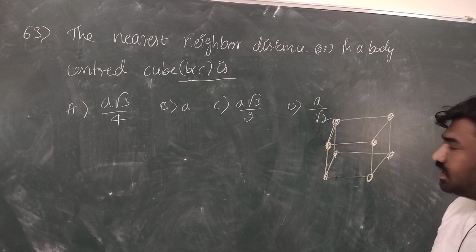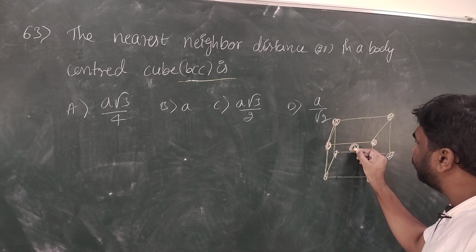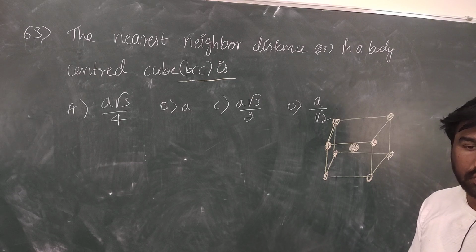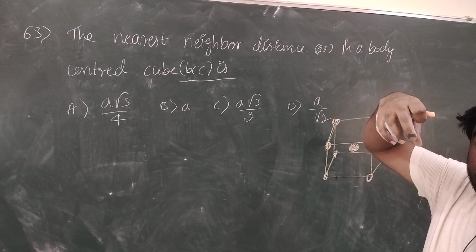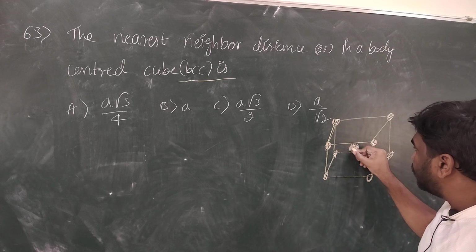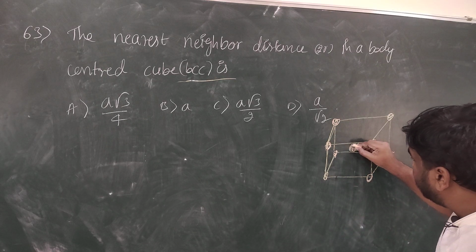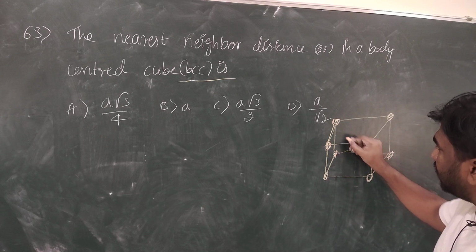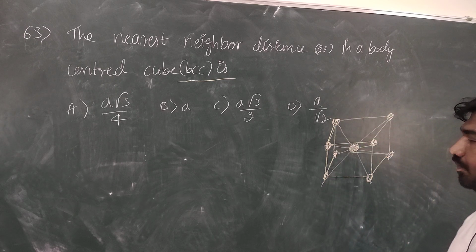Body center means in the center of this cube, exactly the center. This center does not touch all the spaces, but in that position there is one more lattice point, and the distances from it to the corners are the nearest distances.